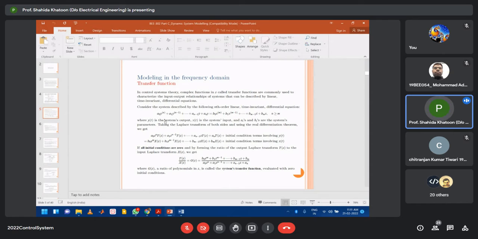And this is equal to b naught x to the power m plus b1 x to the power m minus 1 up to b(m-1) x dot plus bm x. Here n is greater than or equal to m. So y(t) is the system's output, x(t) is the system's input, and the ai's and bi's are the system's parameters.